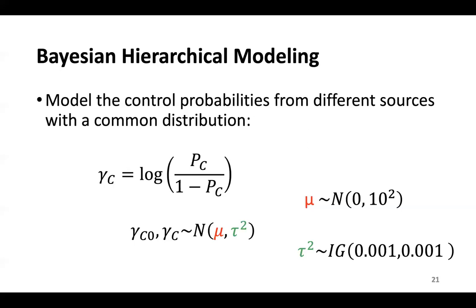If they're similar, the posterior for tau squared will be small and more will be borrowed in this setting. The prior for mu is also hierarchical, this is the second stage of the prior, but that plays a relatively small role in the conclusions of this. It's tau squared that plays an important role in the analysis.